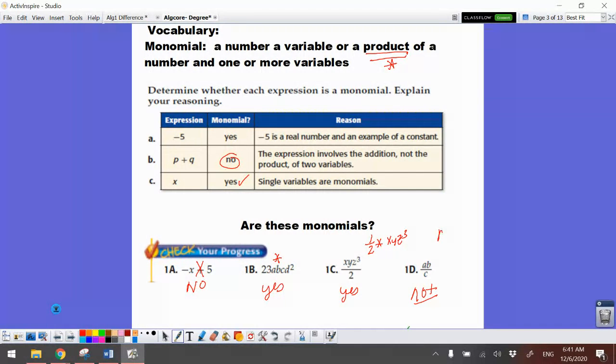We can have no letters or variables on the bottom. And remember, the bottom of a fraction is called the denominator. The top is the numerator. The bottom is the denominator, and we can't have variables in the bottom. We can have numbers in the bottom, no letters on the bottom.